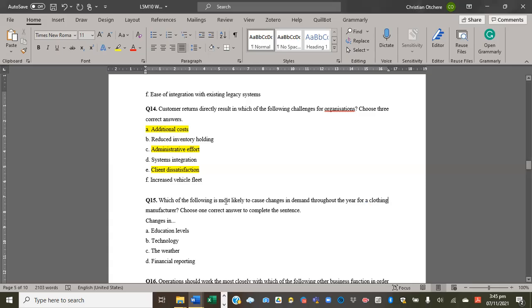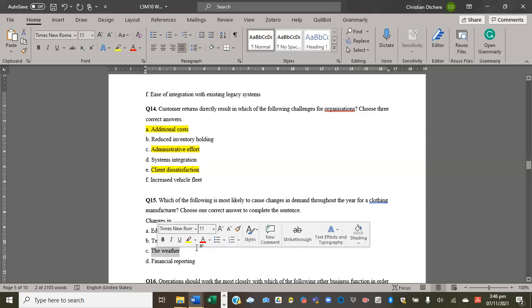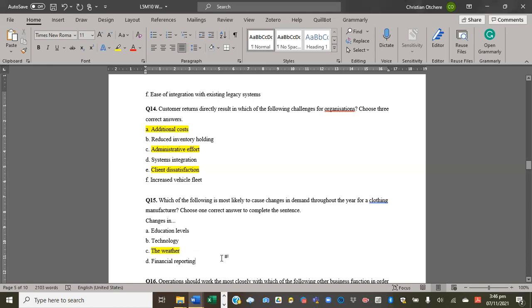Which of the following is most likely to cause changes in demand throughout the year for a clothing manufacturer? Choose one correct answer. Oh, okay. The weather. Okay. All right.